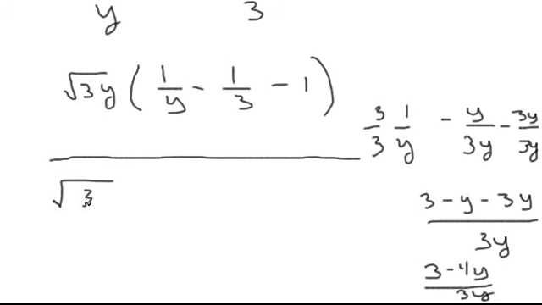I said I wasn't going to work this out, but I guess it looks like I am. 3 minus 4y over 3y. Okay, there you go. Hopefully I didn't make any quick mistakes there. I don't think I did. Alright, looks good. Okay, well that ends this, and that ends the problems in this section.